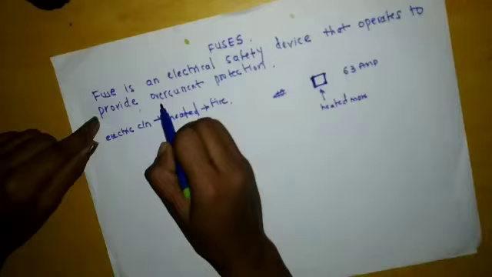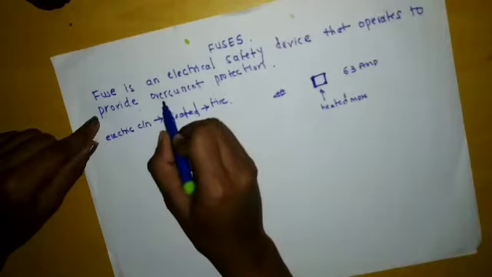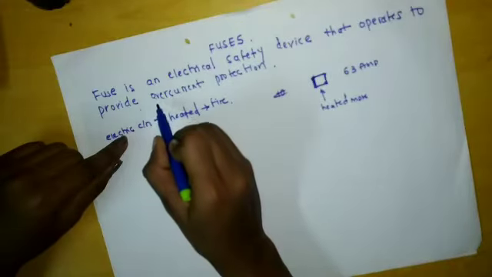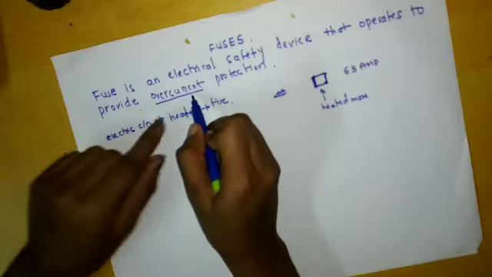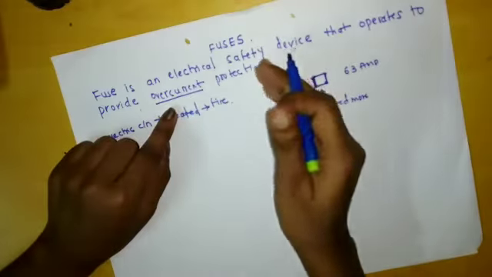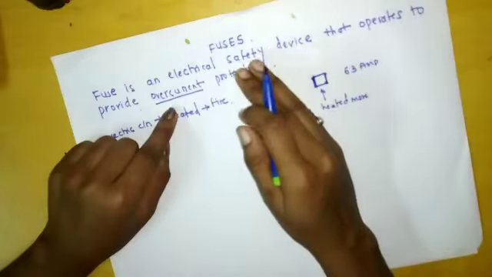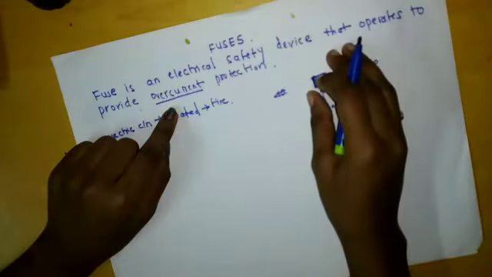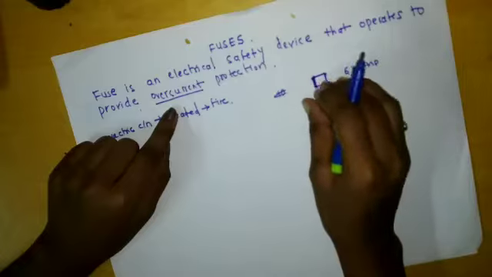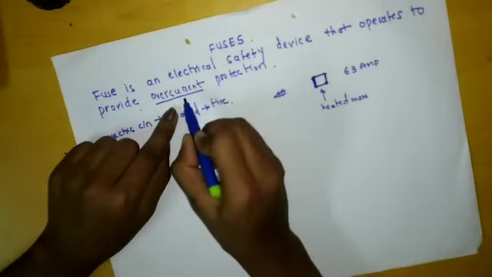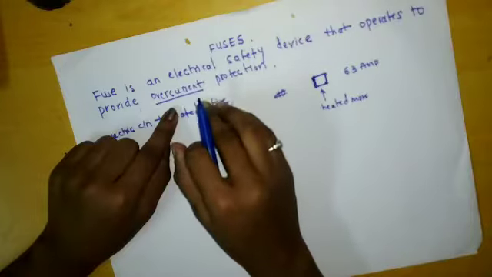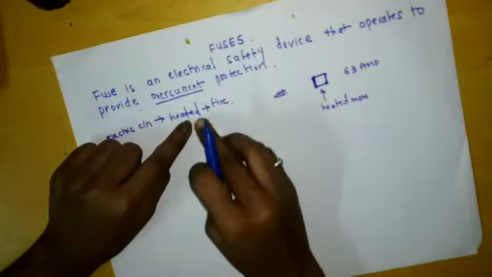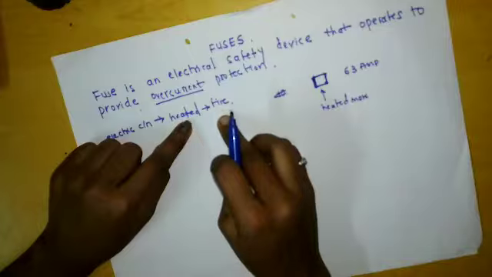Now you have come to know what will happen if the current gets exceeded. So whenever the overcurrent flows through our circuit, overcurrent means beyond the limit. Every appliance has its own limit of the current, and if that limit is crossed, then it is called overcurrent. And whenever the overcurrent flows, our appliance will get heated more and it may catch fire.